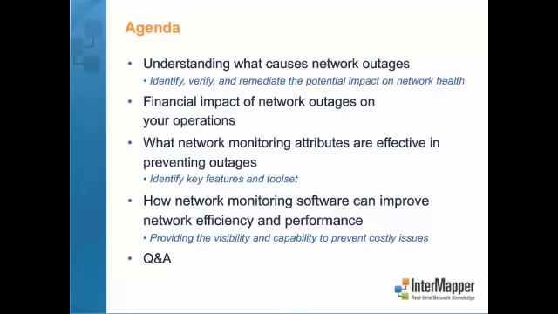We'll talk about Intermapper as well. We'll also discuss some really key monitoring attributes that are effective in preventing outages. We'll talk about the software and how you can improve your network efficiency by being proactive and having a good monitoring solution in place to help you with that.